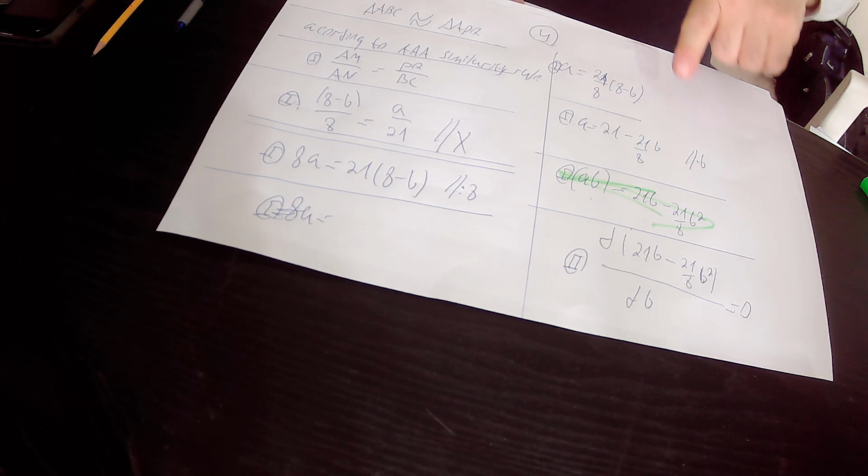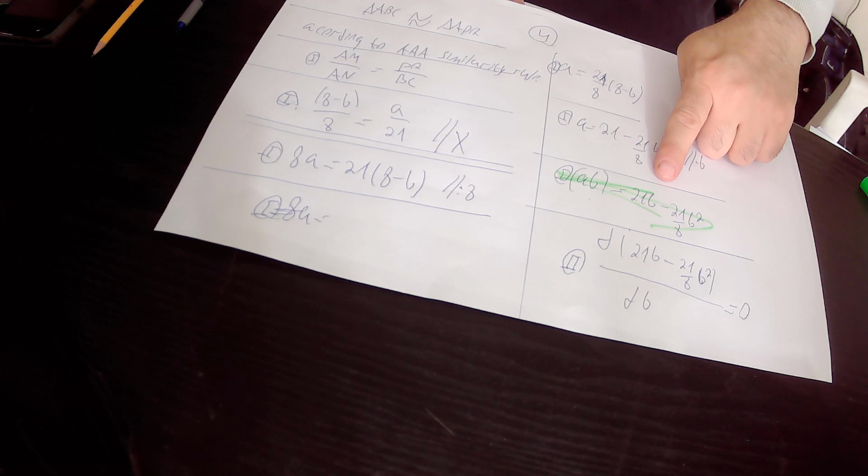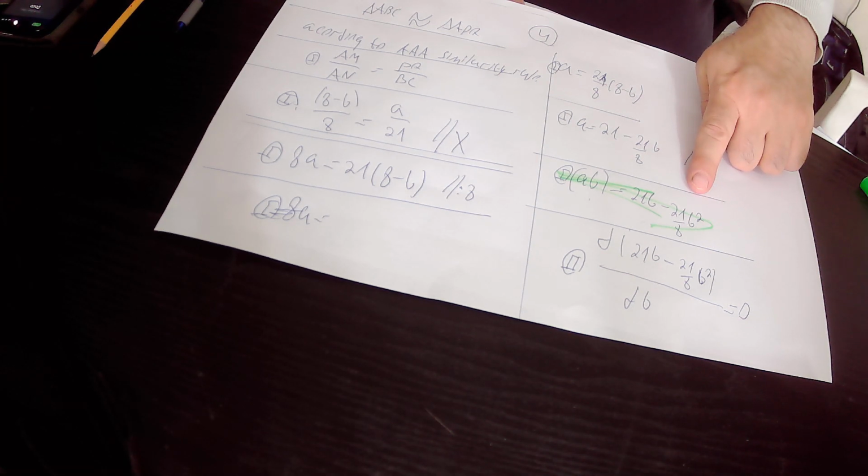So what is the derivative of 21B? The derivative of 21B is 21, because the derivative of B is 1 and 21 times 1 is 21, minus the derivative of 21 over 8 times B squared.